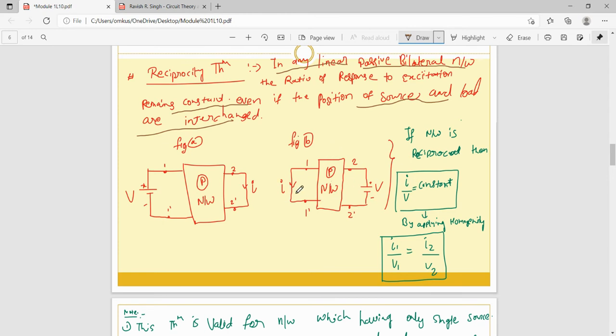When you take the ratio of these two terms, you find this is a constant value. Now see, I by V is equal to constant, okay, I by V is equal to constant.